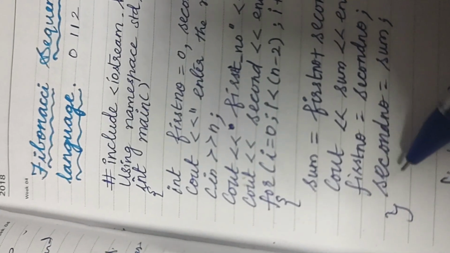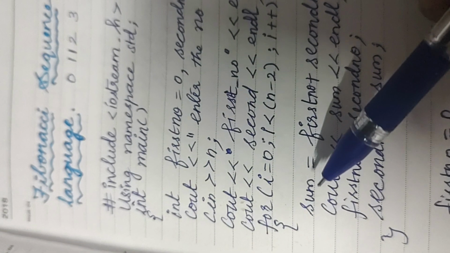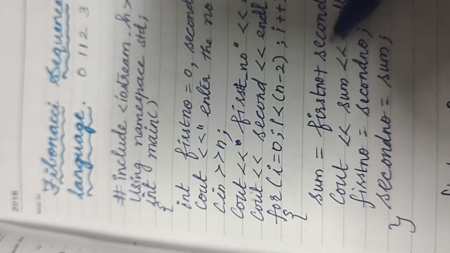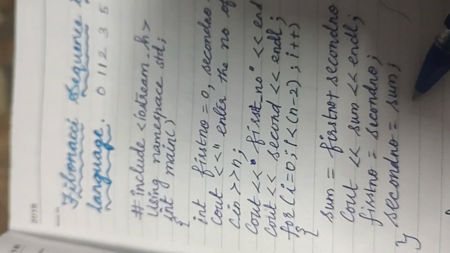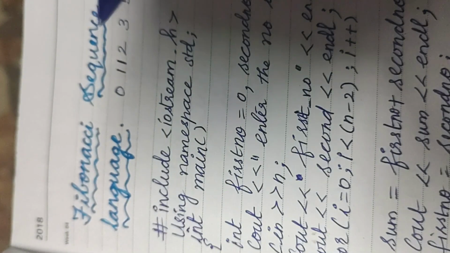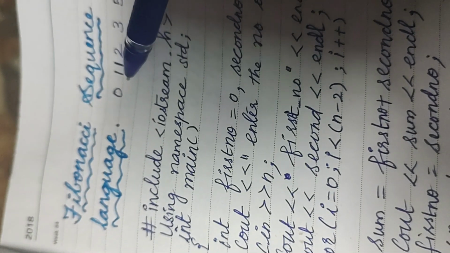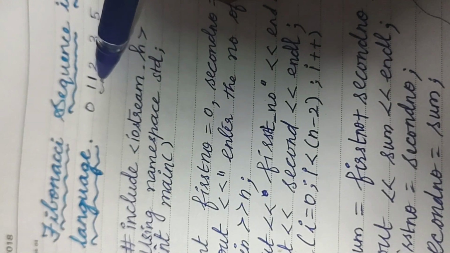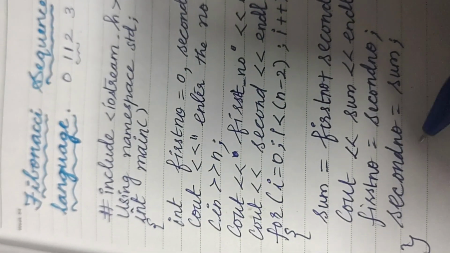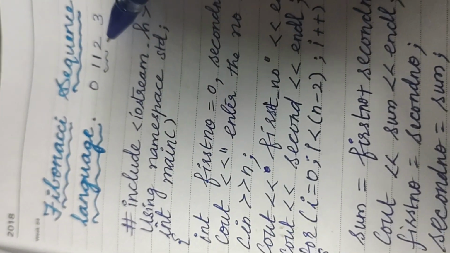Then the for loop executes one more time. Now the sum is equal to first number plus second number. The first number value is 1, and the second number value is also 1. So it prints the next term in the Fibonacci sequence by adding the last two digits. 1 plus 1 is equal to 2, so the next term printed is 2.